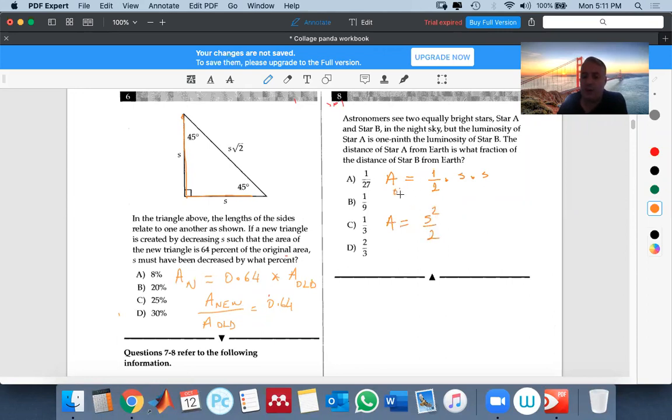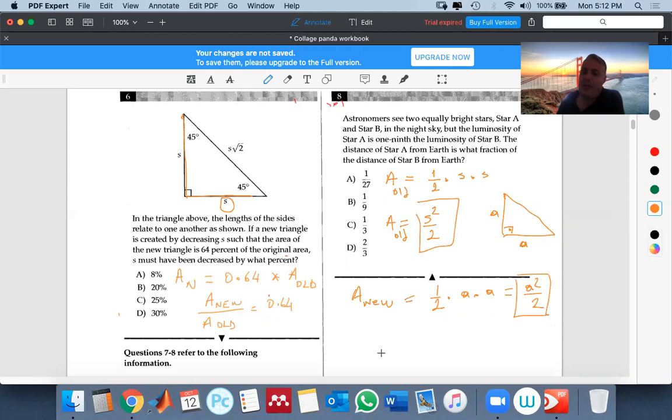This is the old area. When we decrease the side some percent, how many I don't know, my S will be, let's call it A, the new side A. And what will be my new area? It will be 1/2 times base times another base, which is A squared over 2. So this is the old area. This is the new area.